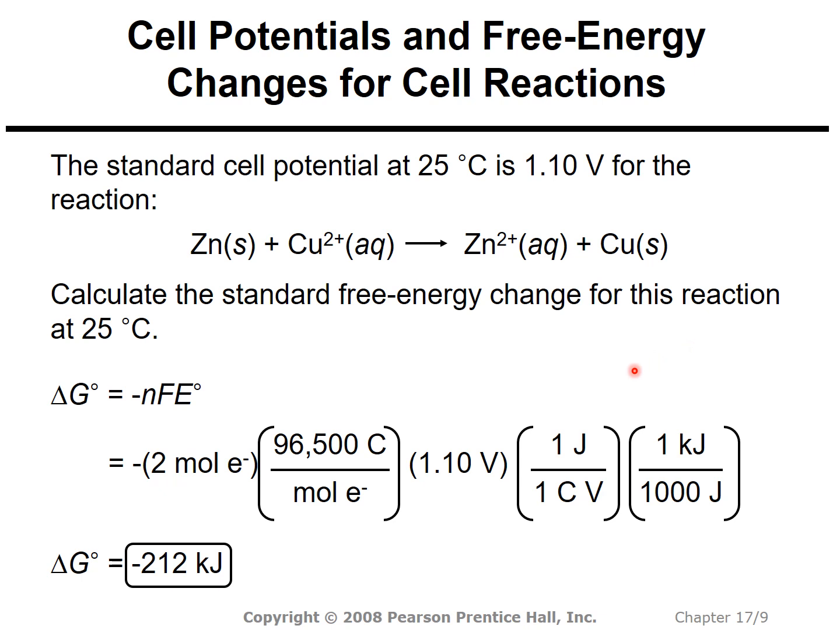Okay, so here are some reactions, and the standard cell potential at 25 degrees Celsius is 1.10 volt for the reaction. This reaction includes two half cell reactions: zinc going to zinc 2 plus, and copper 2 plus going to copper. So let me draw an electrochemical ordinate.